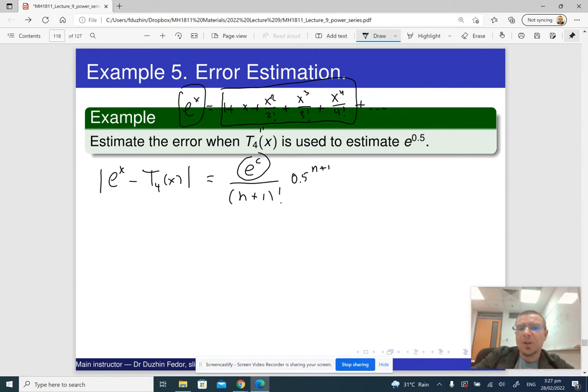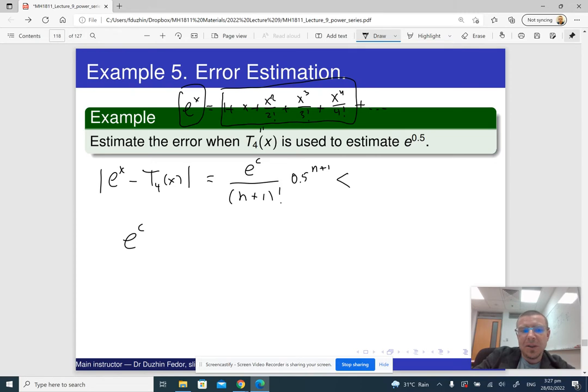So we shouldn't have e to the c even in the error estimation. Then how small is it exactly? This is going to be smaller than what? How can we estimate e to the c?